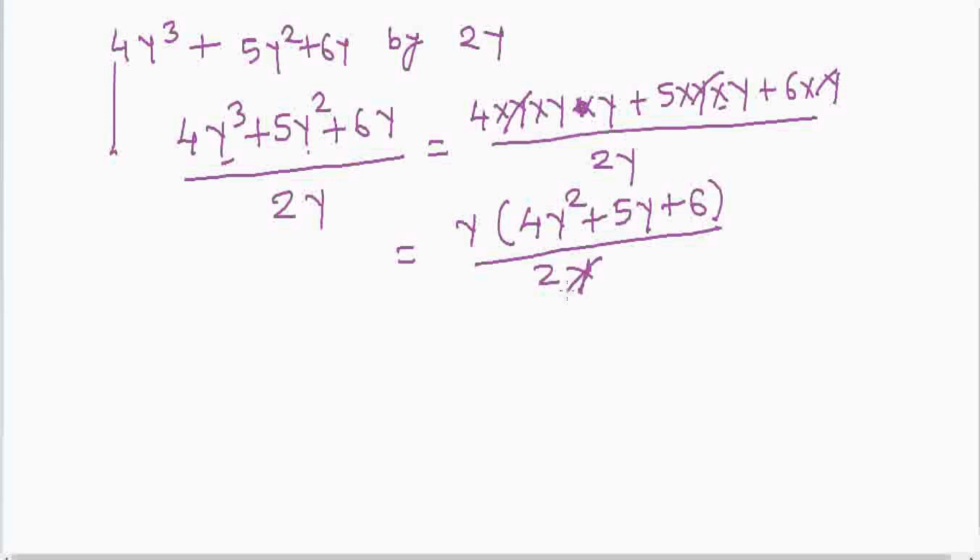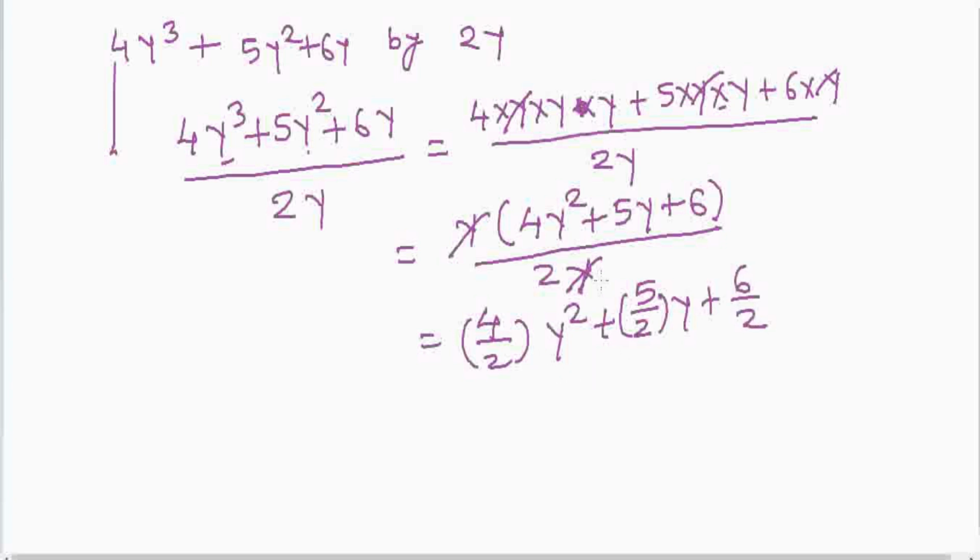Now this y and this y will get cancelled, and we have here 4 divided by 2 into y square. Now divide each quantity by 2, plus 5 divided by 2 into y, plus 6 divided by 2. Now you can see we do not have a variable in those, and therefore we have separately divided by this number 2, or you can separately divide each quantity by 2y also.